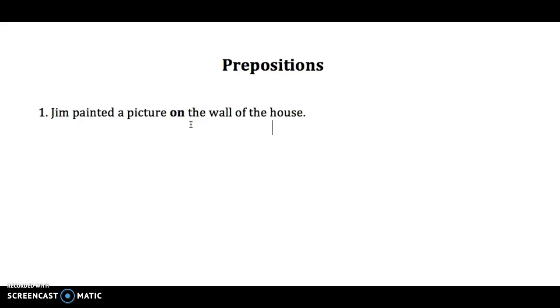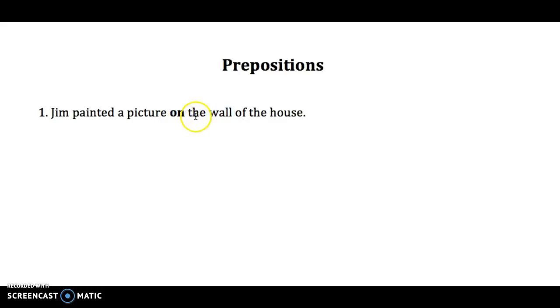Now, like we said before, all prepositional phrases begin with a preposition. So on the wall of the house, we have to figure out where the prepositional phrase begins and where the prepositional phrase ends. Now, on the wall tells us what about the picture? It tells us where it's located.